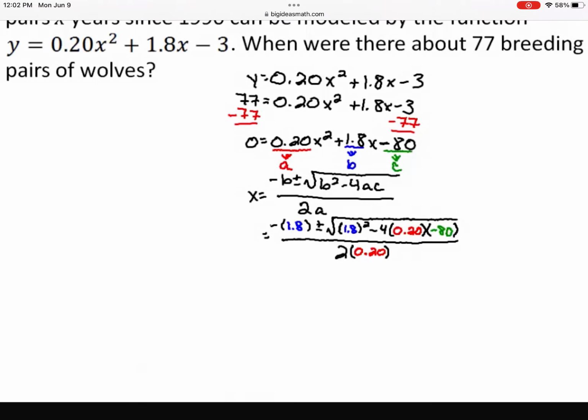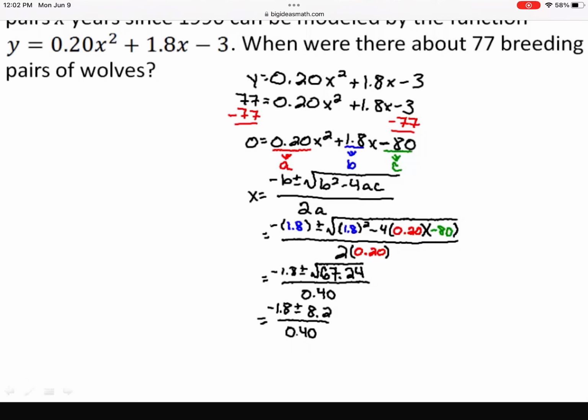1 8/10 squared minus 4 times 2/10 times -80 simplifies to 67 24/100, and 2 times 2/10 is 4/10. The square root of 67 24/100 is 8 2/10.